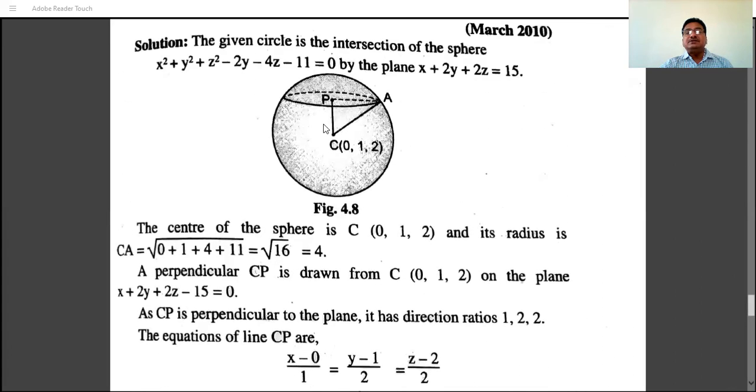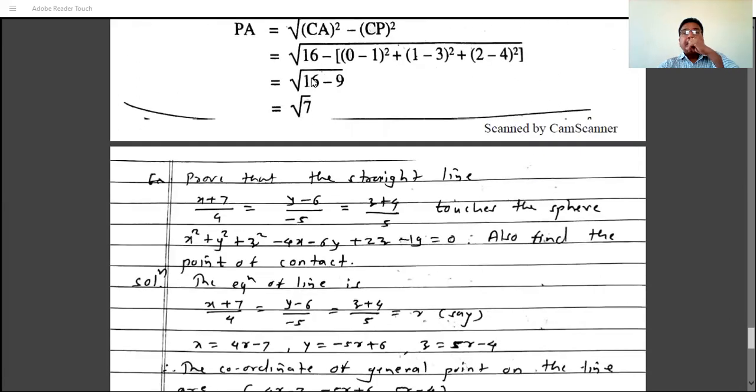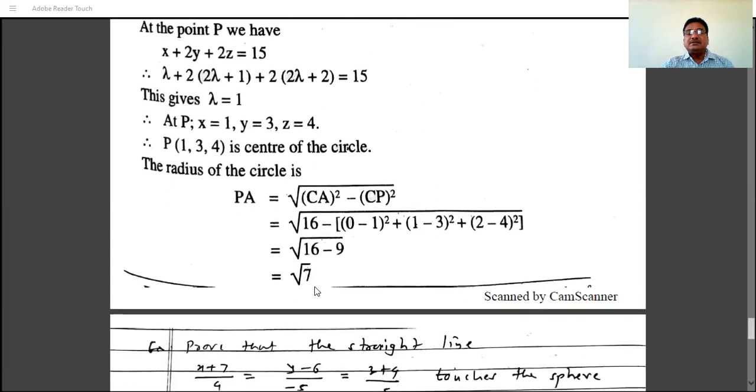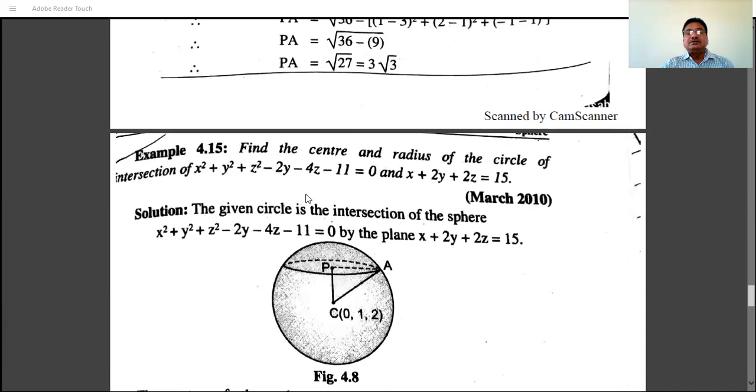So by using the distance formula, we have (0 − 1)², (1 − 3)², and (2 − 4)², and that is 9. So 16 − 9 is root 7, and so this is the radius of the circle. So this is the answer of the question, the center and radius of the circle of intersection of sphere and plane.